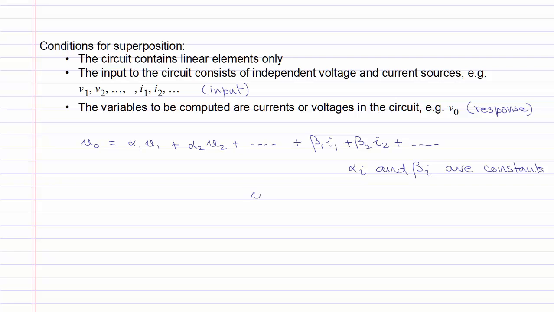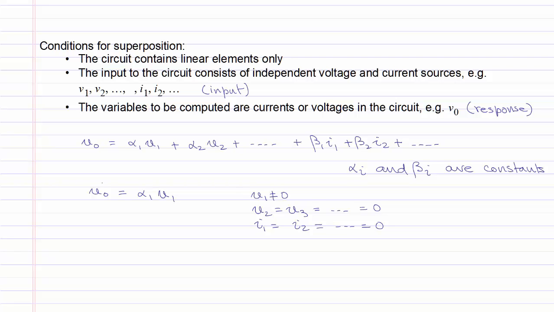Suppose only the input V1 is non-zero and all the other inputs are zero, which means that V2 equals V3 and so on equals 0, and similarly I1 equals I2 and so on equals 0. If we substitute these values in the above equation, we will get V0 equals alpha 1 V1.